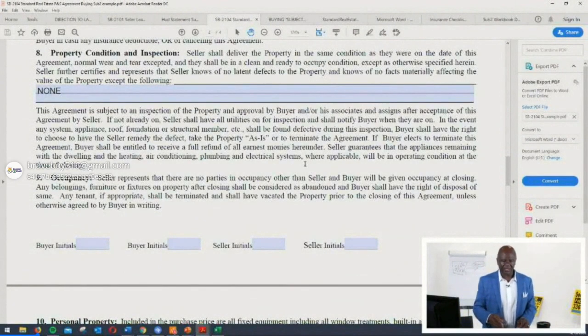I think one of the biggest mistakes most of us make as investors is that we have contracts and documentation that we don't know what it says. The worst time to find out is when you've got a tenant in your property and something happens, and you're going back trying to look through your lease to see whether it's covered. You should know what's in your contract. Let's make sure that we conduct ourselves in a professional manner.